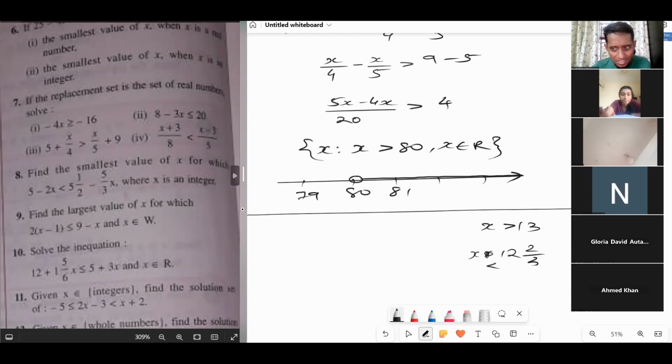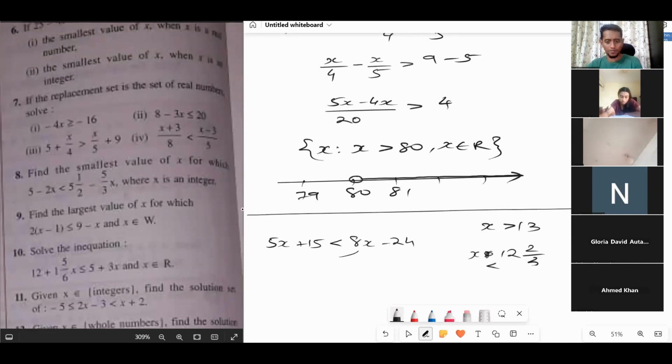This denominator? Yes, Anna. Okay, so cross multiplication, that will be 5x plus 15 less than 8x minus 24. Yeah? Take the 8x to the left. What did you do? Did you all take 8x to the left or 5x to the right? 5x to the right? Okay, let's do that. So that's 15 plus 24 less than 8x minus 5x.